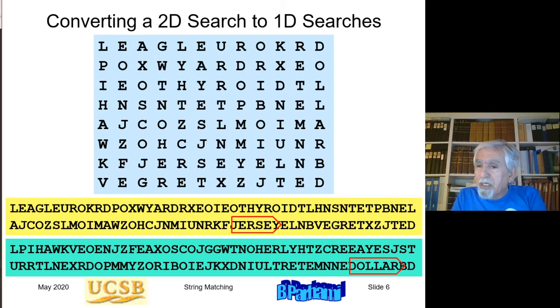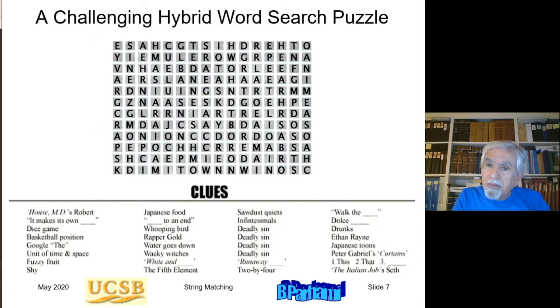So from this point on, when we discuss the applications of word search and string search more generally, we can focus on one-dimensional because two-dimensional or even three-dimensional puzzles can be converted to one-dimensional quite easily.